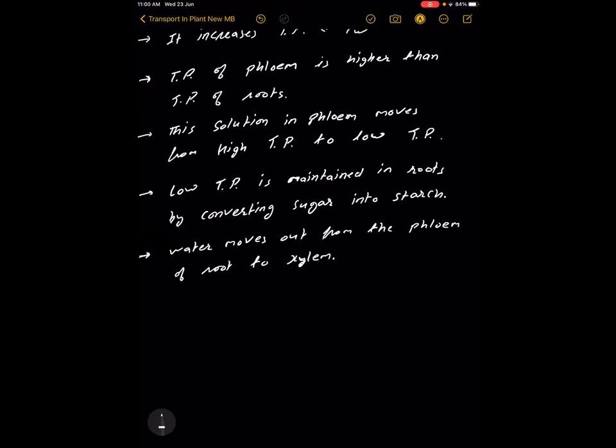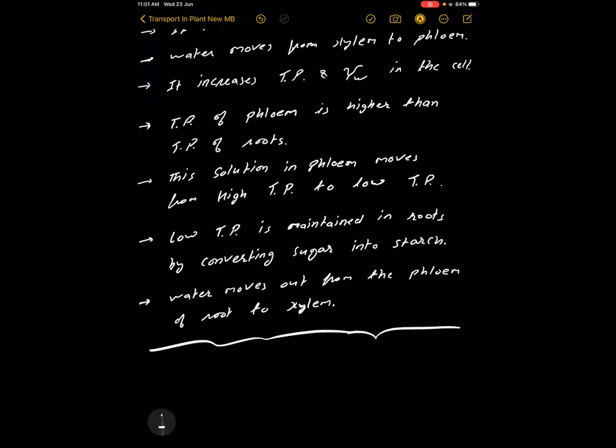Is that clear? This is Munch hypothesis. First, glucose is synthesized, sucrose is translocated, and starch is stored. This organic solute is translocated from source to sink.